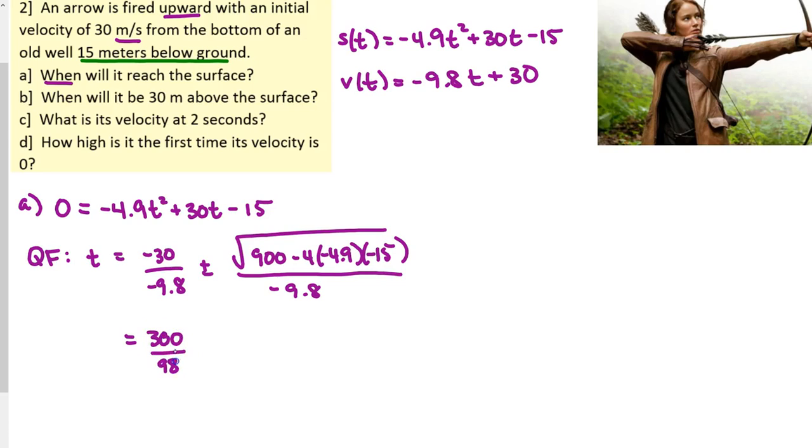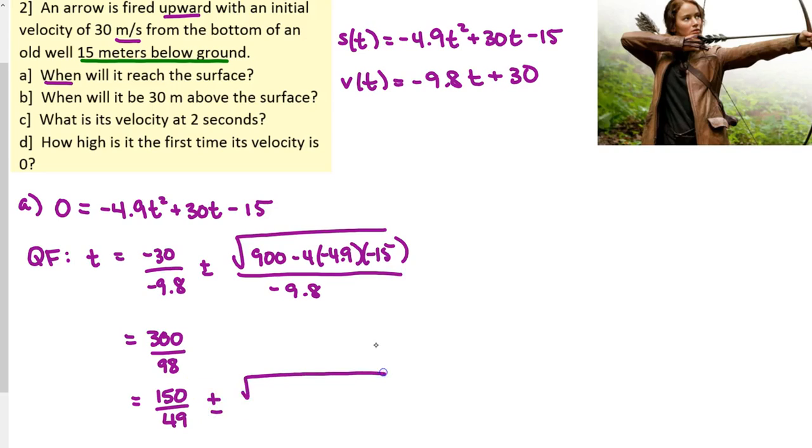That way we don't have a decimal, because when you have a fraction and you're trying to simplify it, you shouldn't have a decimal inside the fraction. And then both of these numbers are going to be divisible by 2, so we have 150 over 49. And I think that's about as far as we can go with that.